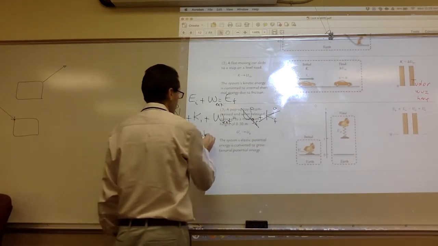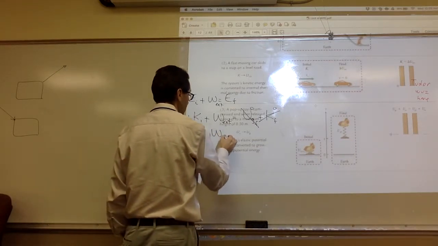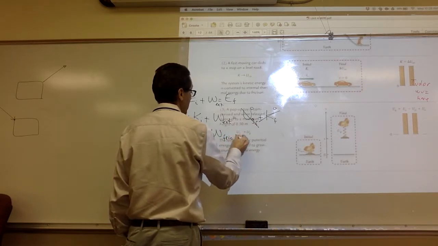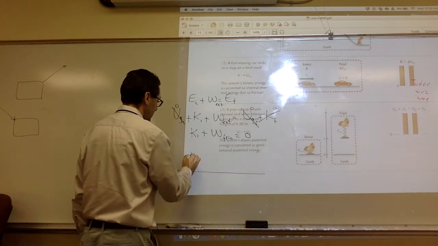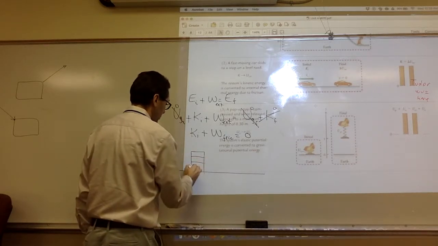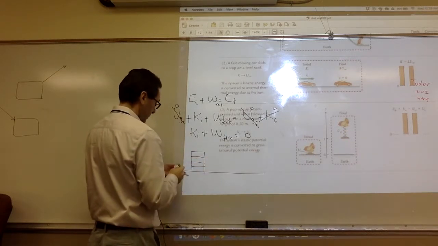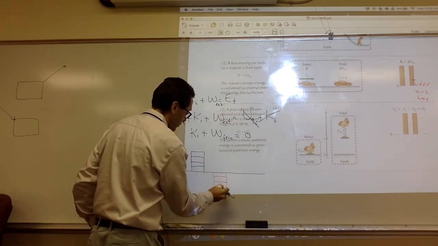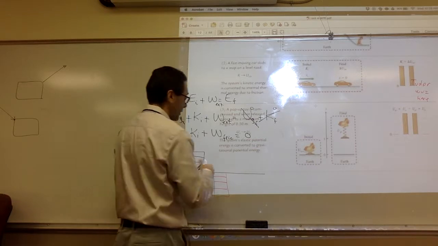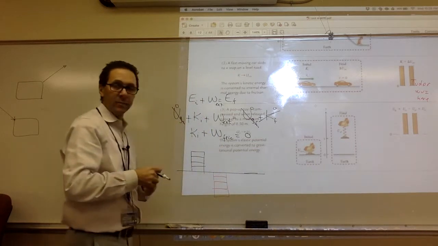So the work is got to be done by friction, equals 0. Now if I draw my chart, well, let's say it started with 1, 2, 4 bars. Friction has to be 4 bars. 1, 2, 3, 4. And then what do I end up with at the end? Nothing.